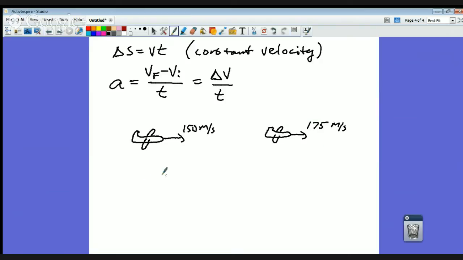And again, we'll say that the positive direction is to the right. So this way will be positive.